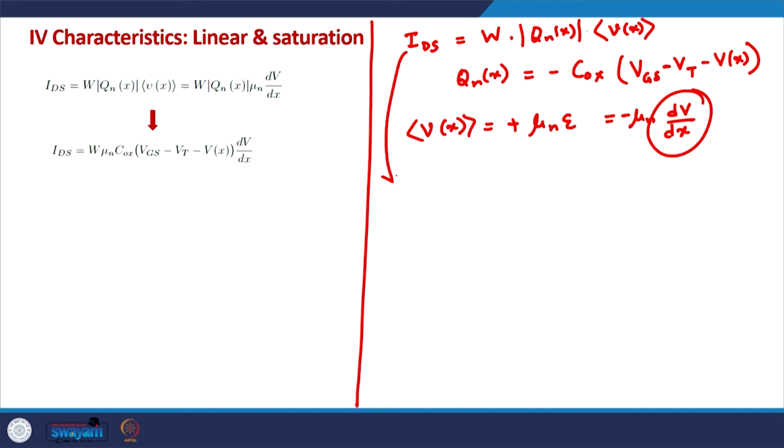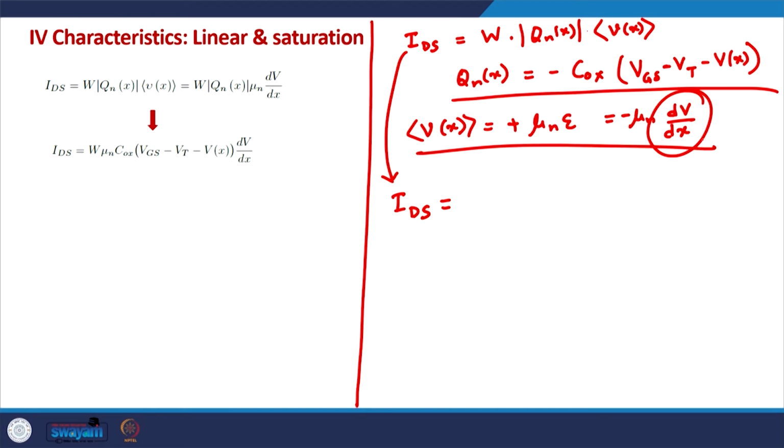So, this general expression of the current can be written, by multiplying these two equations, as mu n Cox W Vgs minus Vt minus Vx times dV by dx.